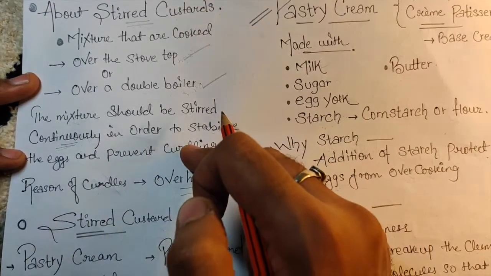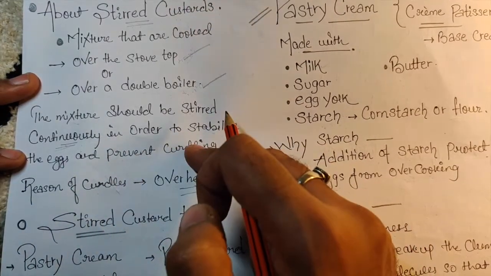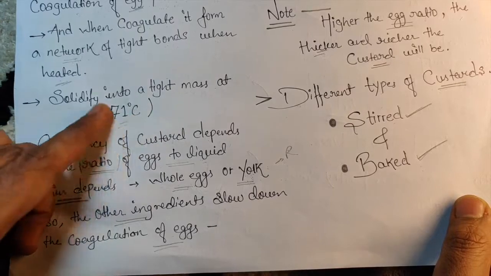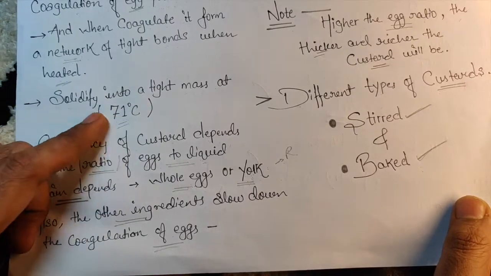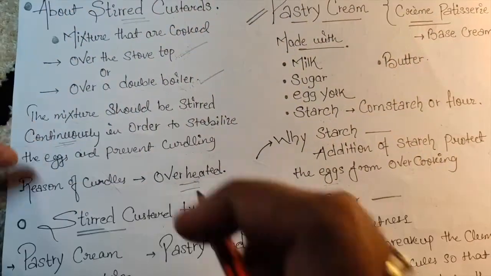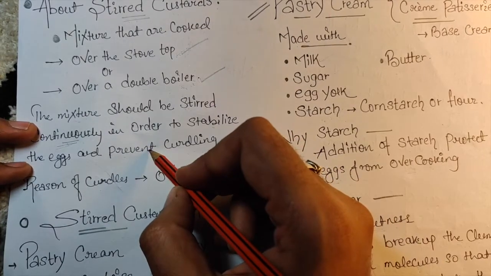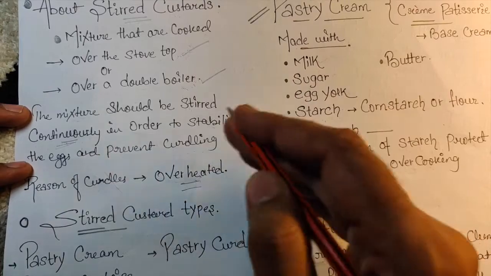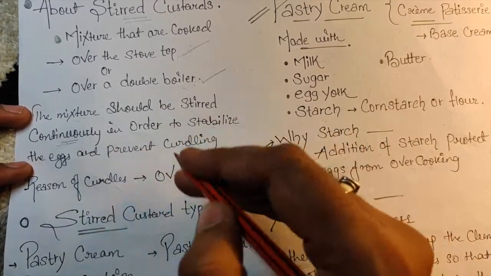Why? Because egg gets cooked at, as I have mentioned already, 71 Celsius, and you know the boiling temperature is 100. We have eggs here, and we don't want to make scrambled egg. For that reason we have to stir continuously so it cooks thoroughly, all the way.